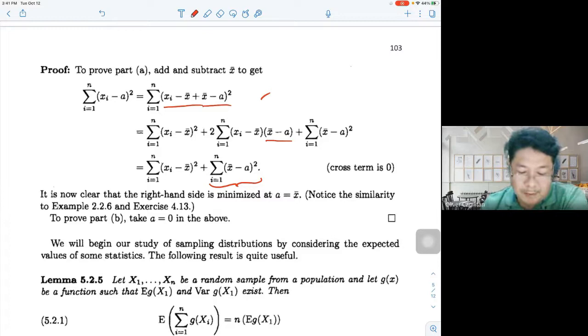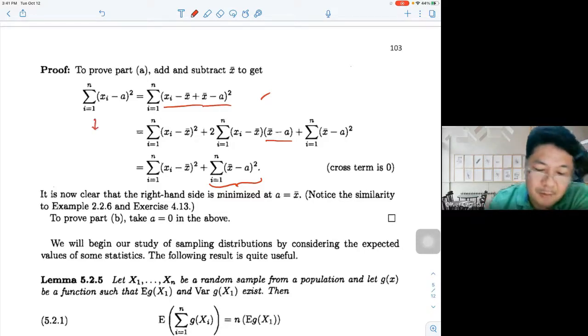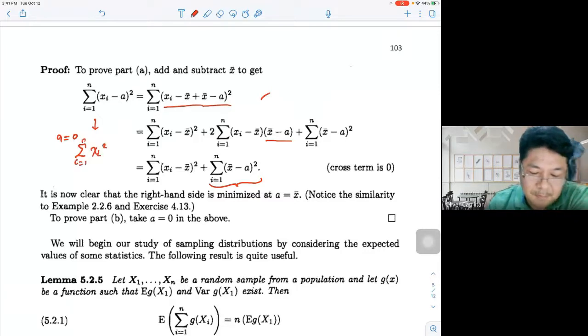So to prove letter B, we just take our a to be equal to 0. If a is equal to 0, then on the right-hand side we have the finite summation of x sub i squared, i from 1 up to n. And in this case, when a is equal to 0, we also have the finite summation of x bar quantity squared, i from 1 up to n.